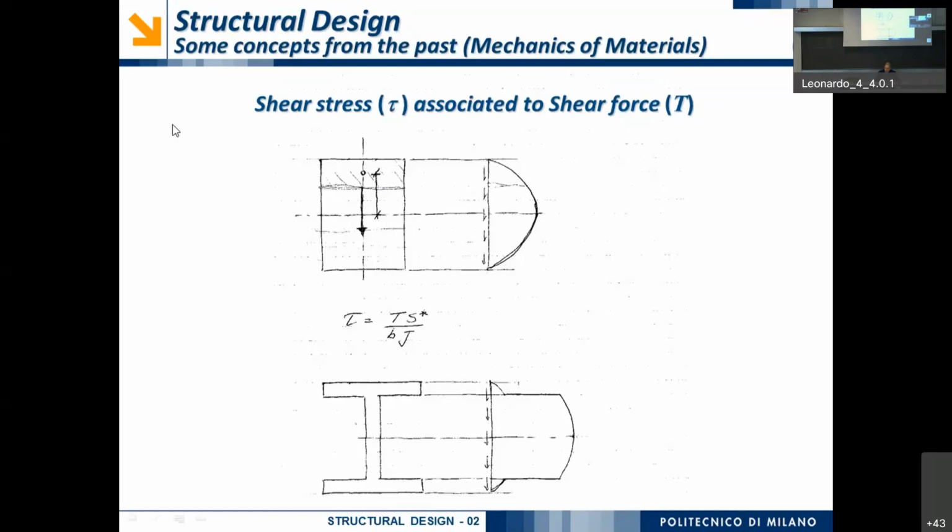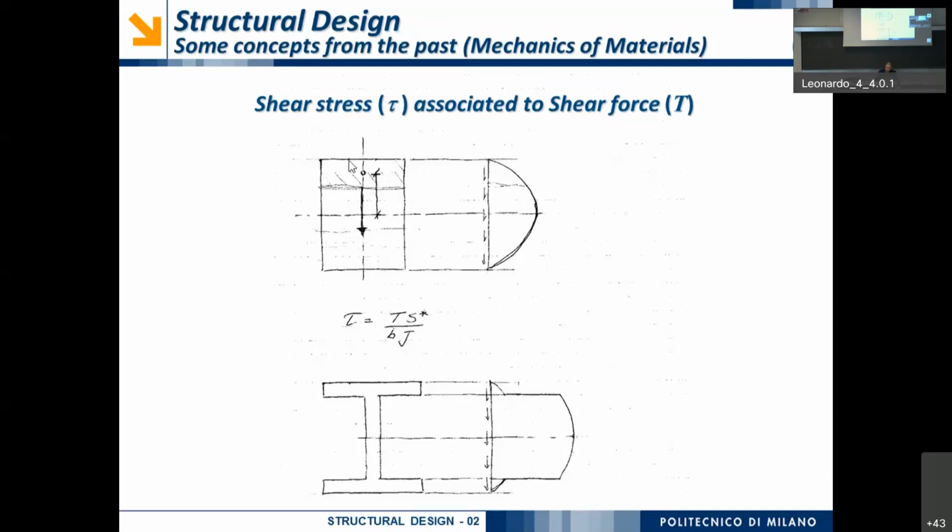So, very easily, since the center of the shaded area is here, basically the static moment S star is equal to the area of this shaded rectangle times the distance between the two centers. The center of the shaded area and the center of the entire cross-section, okay?